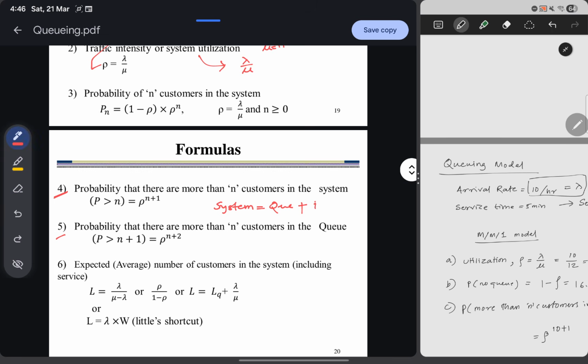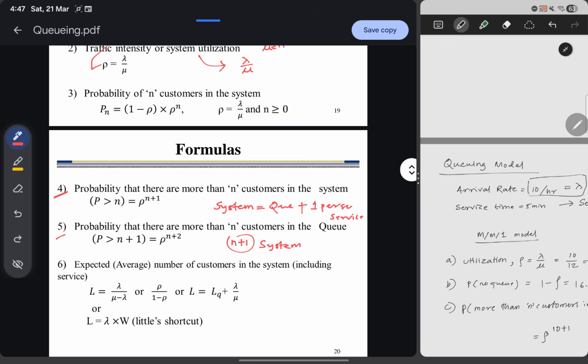That's why you can see the probability that there are more than n customers in the queue, and the probability that there are n customers in the system. n customers in the queue means n plus 1 customers in the system, because n people are standing in the queue and one is getting serviced.